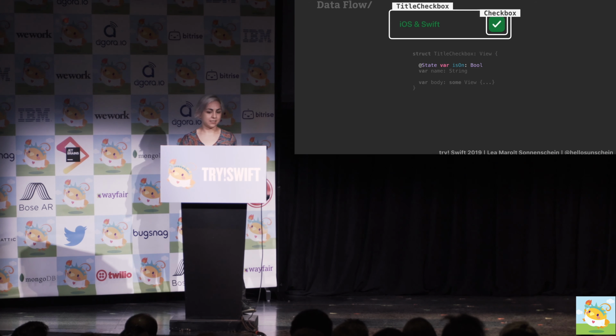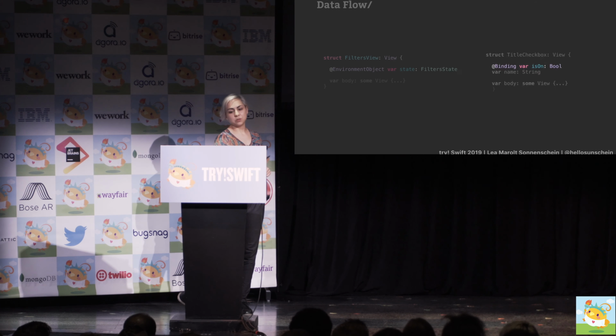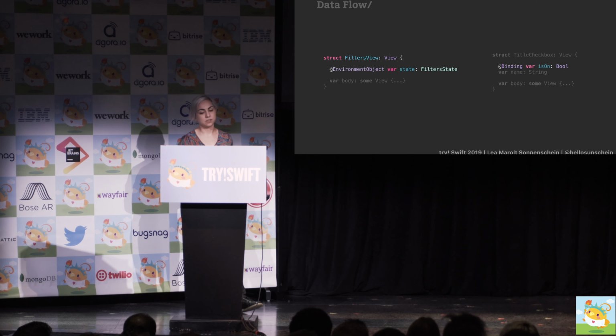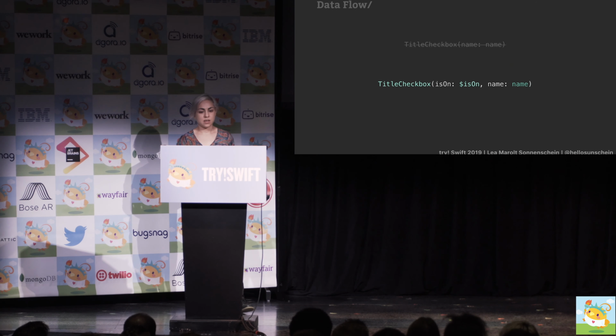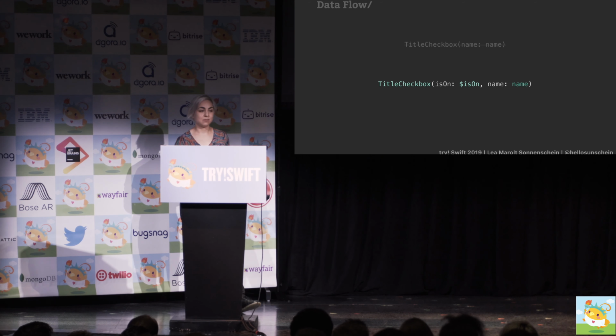Now on to the title checkbox. First, we change the state to @Binding, and we move the state ownership to the parent, the filters view. Now, instead of initializing a title checkbox with just a name, we can initialize it with an isOn bound state reference. Good. But since we're building a list of these, we can't just have one.